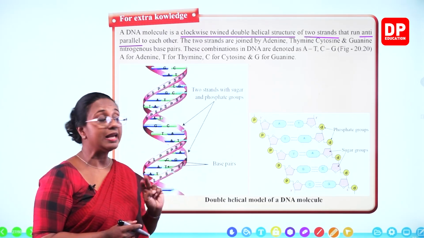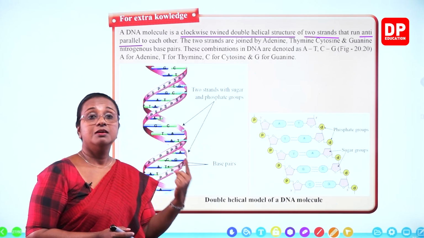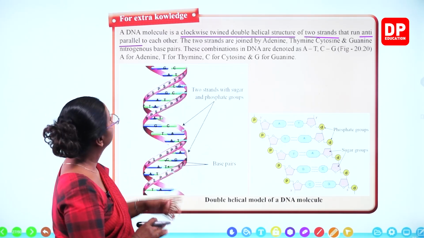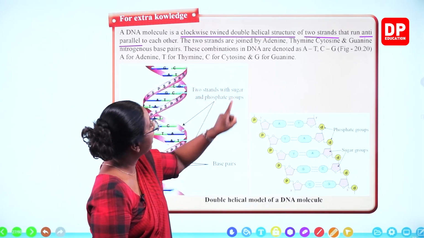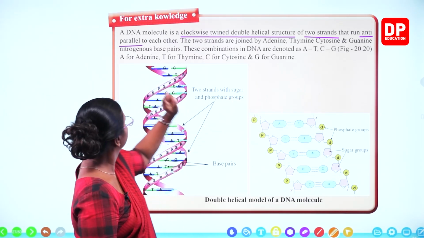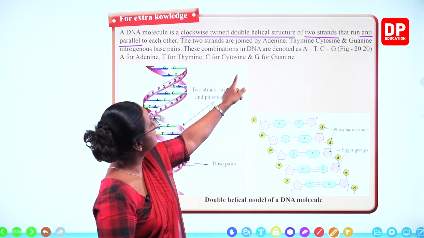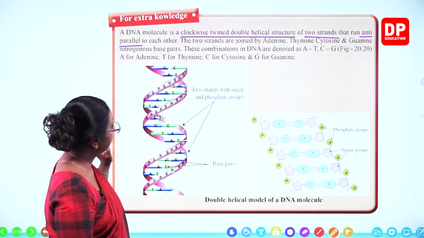We call it a double helical structure because there are two strands intertwined together. Is that clear to you all? Then these combinations in DNA are denoted as A, T, C, G. A for adenine, T for thymine, C for cytosine and G for guanine. Is that clear to you all?